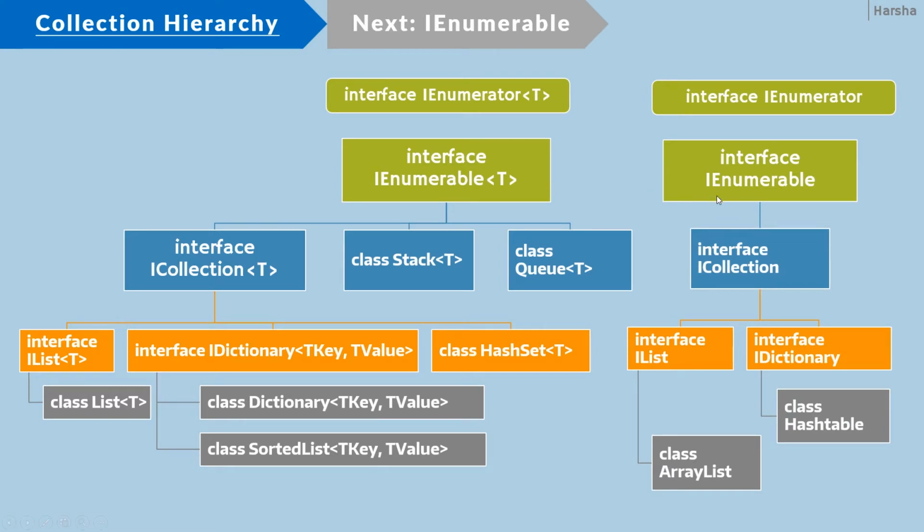I did not draw a line from IEnumerable to IEnumerable of T to avoid confusion, but actually IEnumerable is the parent of IEnumerable of T. But from now onwards, we are considering both of the interfaces as one for understanding the difference between IEnumerable and IEnumerator.